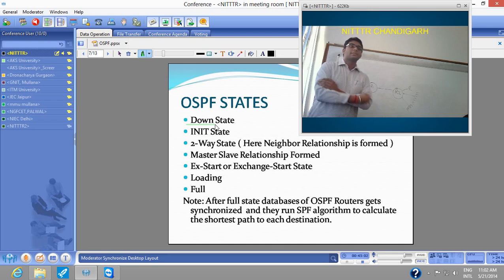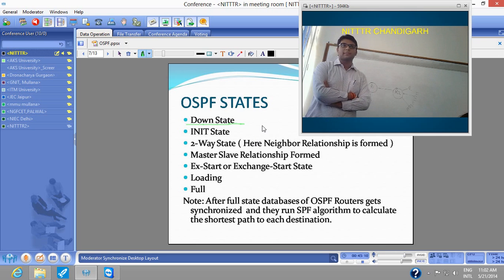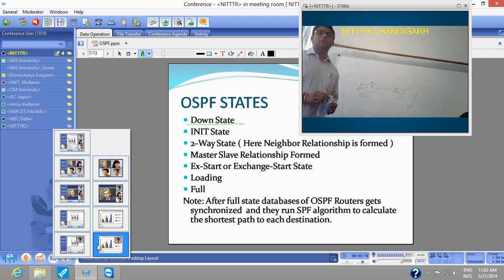Let's say these are the two routers. Initially, they are in the down state, meaning they are not sending any hello, they are not sending anything, they are not doing anything. Clear? Let's say router number 1 sends hello to router number 2.